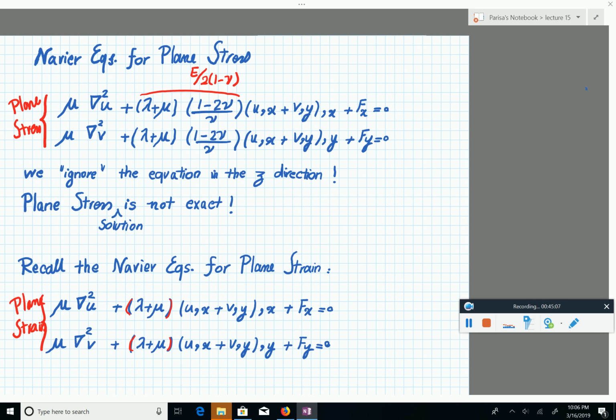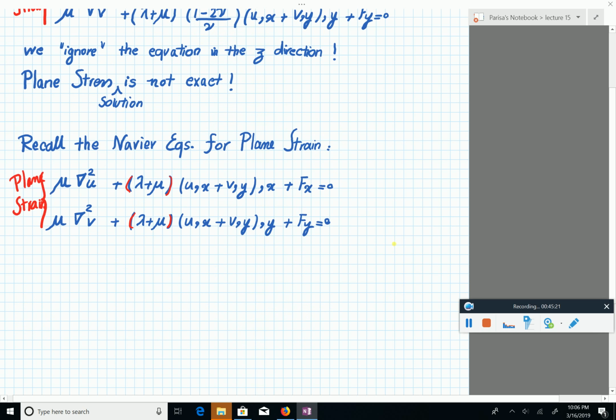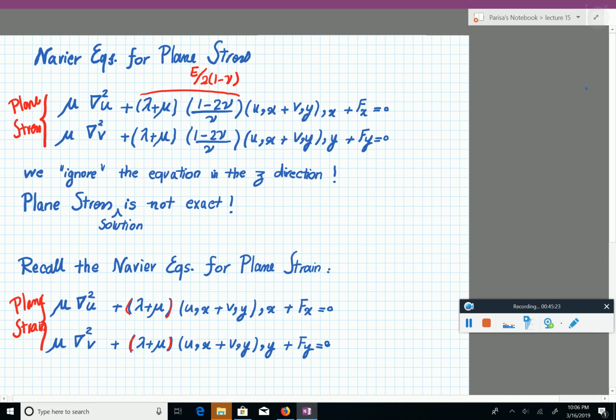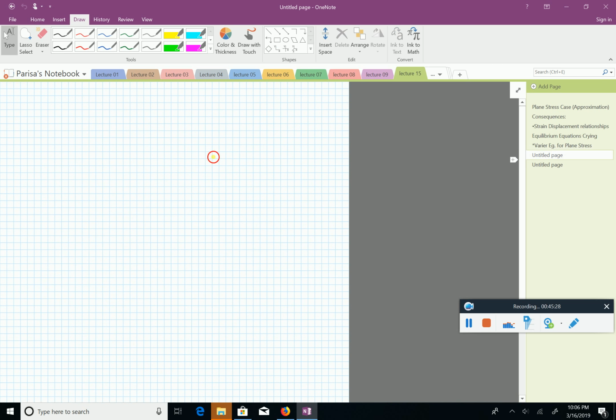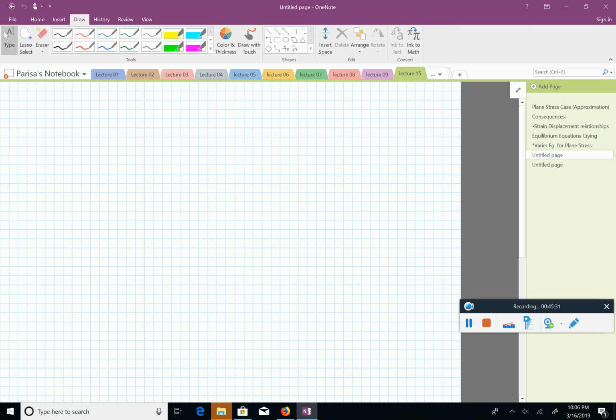Okay, so now let's look at the strain compatibility equations. Last time we looked at the strain compatibility equations for plane strain, and you saw that most of them are trivially satisfied, 0 is equal to 0.